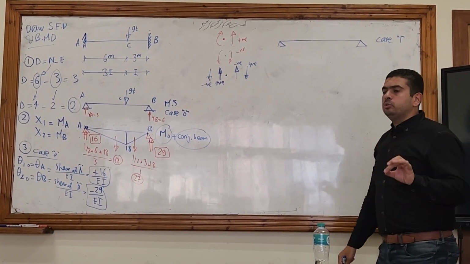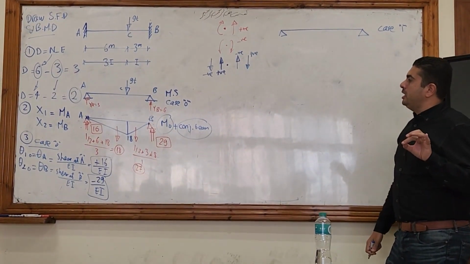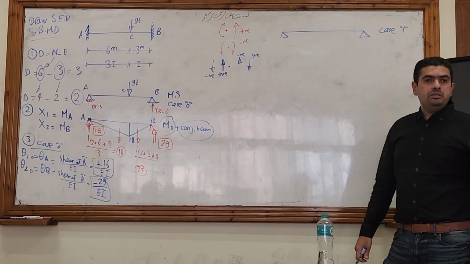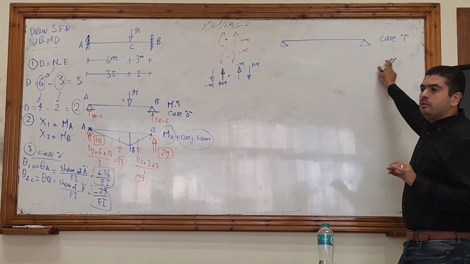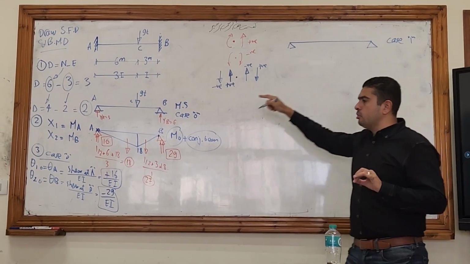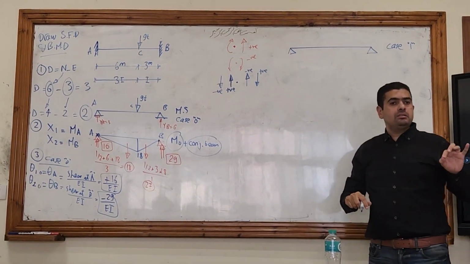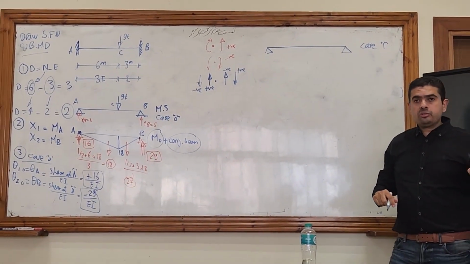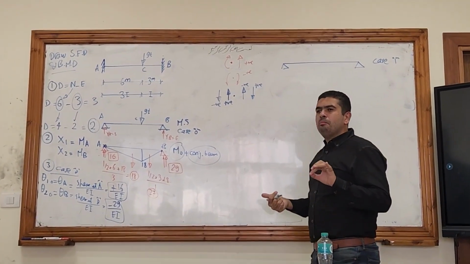Only I will put a unit load instead of the redundant I removed. What was the number 1 redundant? It was MA. So now I will put a unit force at A. But this was a moment.